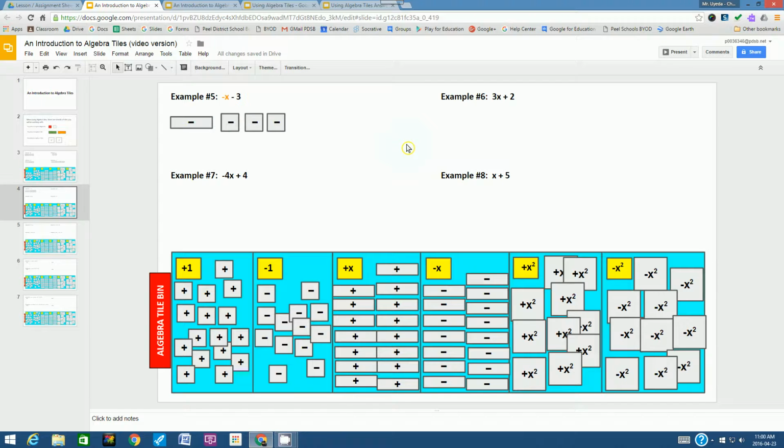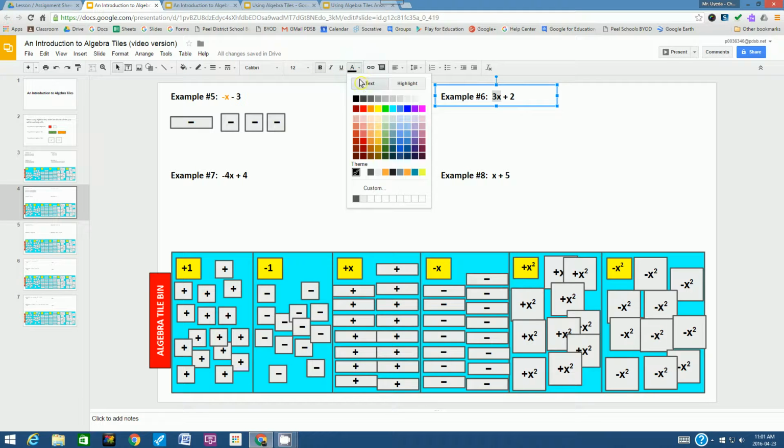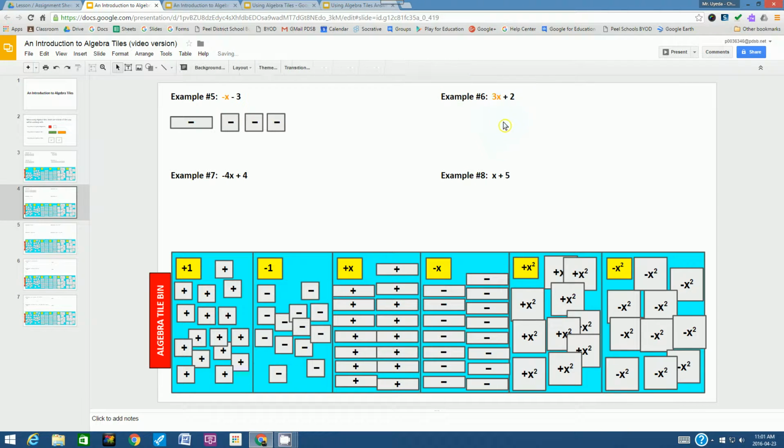When we're building algebraic expressions or equations, we always want to put the x's in front of the integers. The x's in front of the integers. All right, let's go to example 6, 3x plus 2. Focus on one thing at a time. Focus on the x's first. So we have positive 3x.